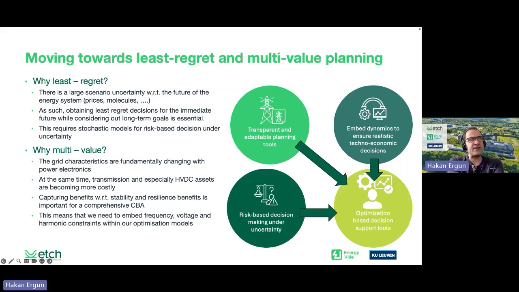And why multi-value? If you have been following the news, there has been quite a lot of increase in the cost of power system equipment, both for AC equipment, but also for DC equipment. On top of that, the characteristics of the power system are fundamentally changing with the power electronics.